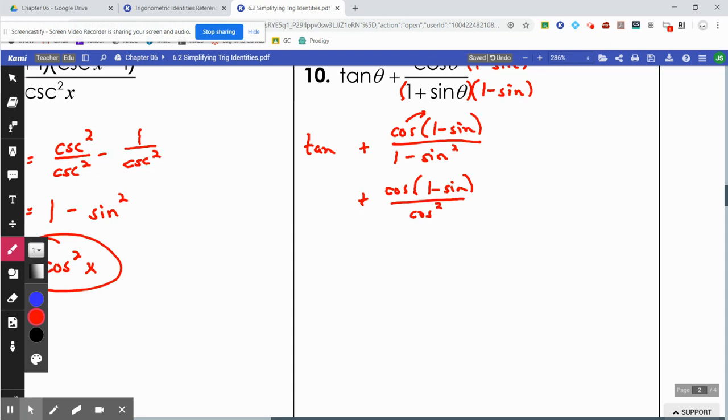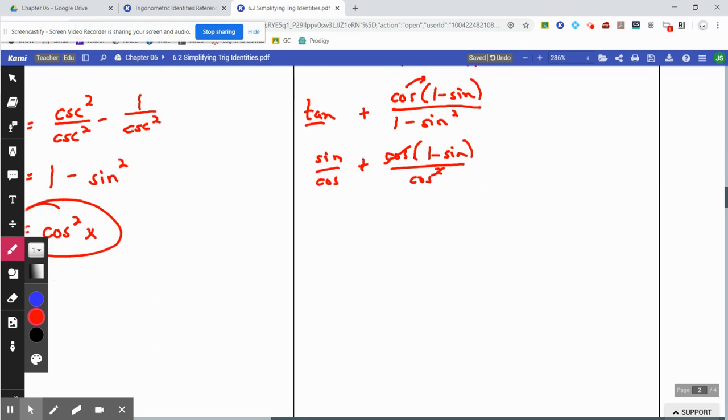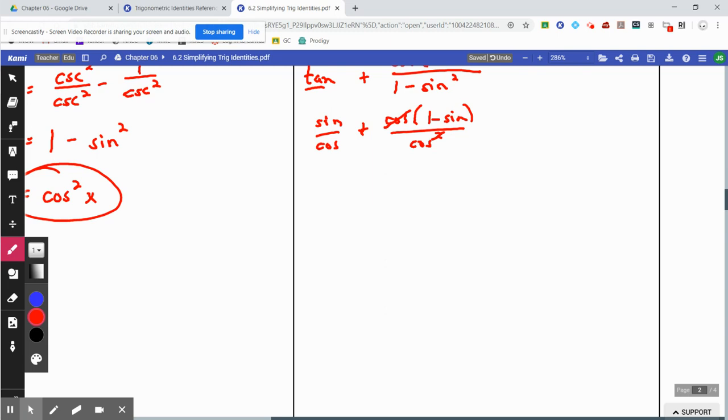And the reason I did that is I can now cancel this cosine, and that's the reason I didn't distribute, with one of the cosines on bottom. Now over here, this tangent, again, I'm going to write it as sine over cosine. And it worked out great because now I actually have common denominators. So I have the common denominator on bottom of cosine. On top, I have sine plus this stuff, 1 minus sine.